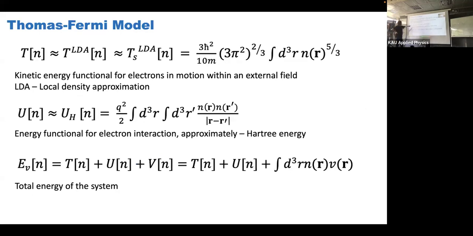In this approach, we take the kinetic energy and say that it is approximately equal to this local density approximated kinetic energy. Then we move to a single electron because we don't know how to work with a lot of electrons. We know how to work with a single electron.